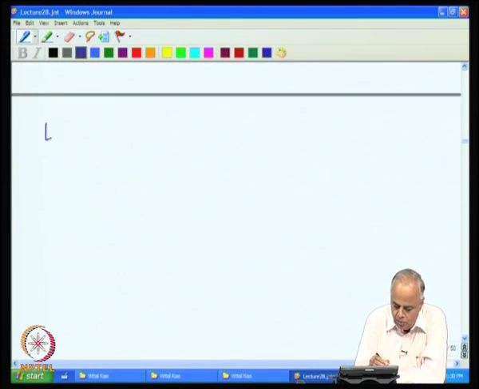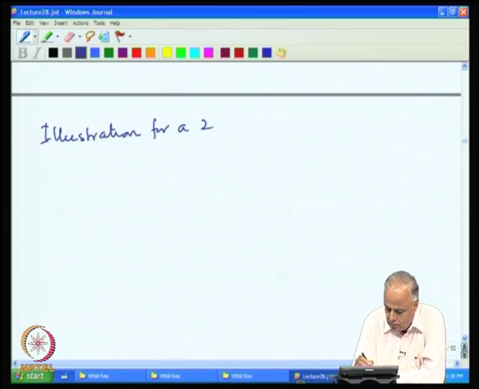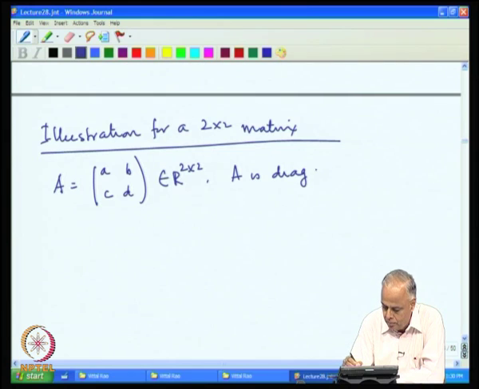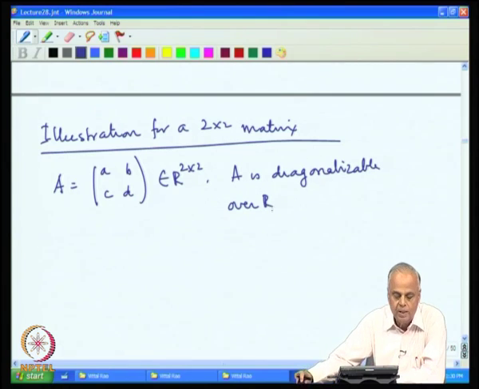Illustration for a 2 by 2 matrix, just to see what these calculations mean. Suppose I have a 2 by 2 matrix A, B, C, D belonging to R 2 cross 2 and A is diagonalizable over R. What does that mean?